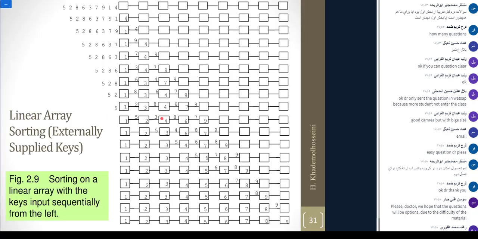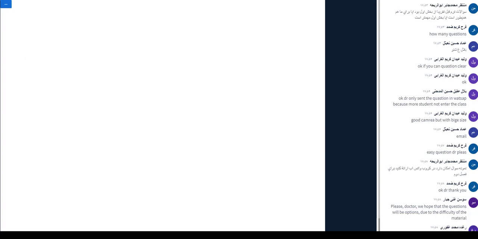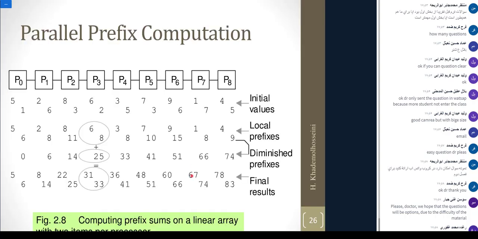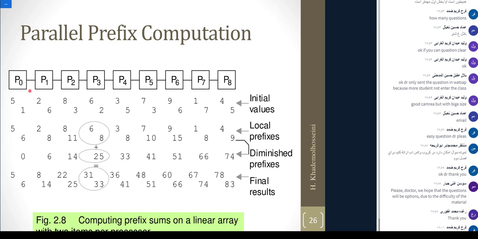Another question. In this one, again, I will give you an example and ask you for sorting externally. And you must show me each step. And in this one, I will give you initial values different from this one.